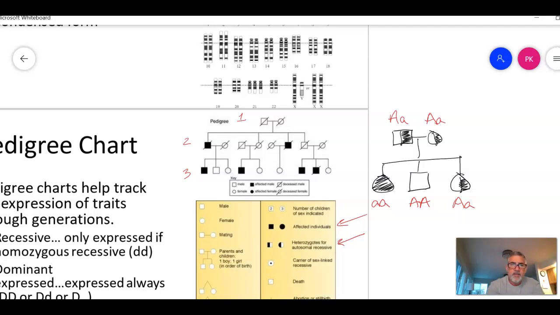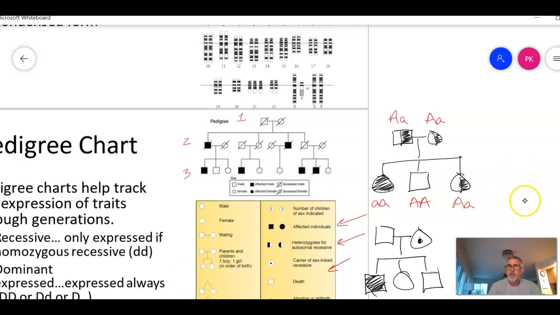If I had a dot in the middle, a dot means carrier of a sex-linked disease.